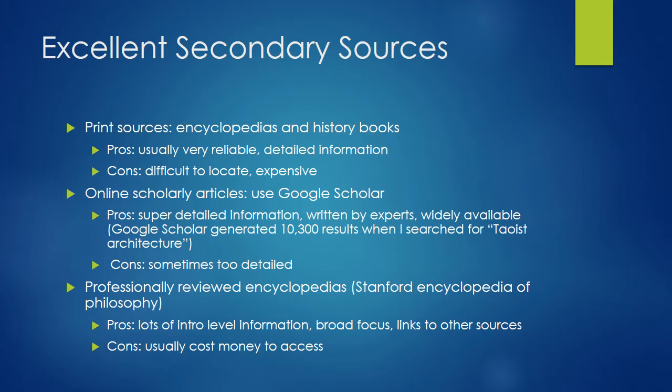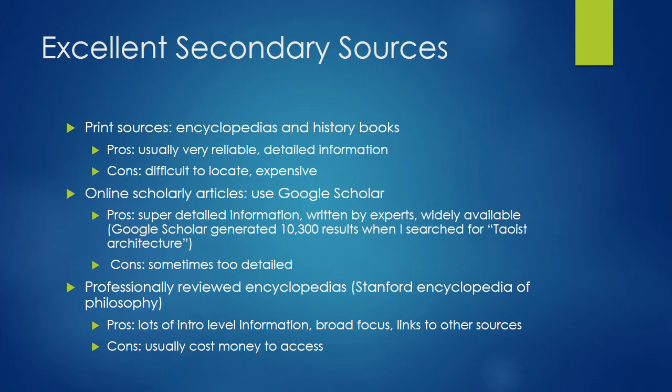Another good thing you can use are online scholarly articles. And these are awesome because you can access thousands of them using Google Scholar. For example, I just Google searched in Google Scholar Taoist architecture, and I found something like 10,300 results in 0.7 seconds.